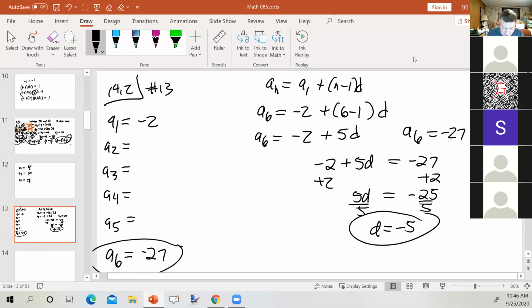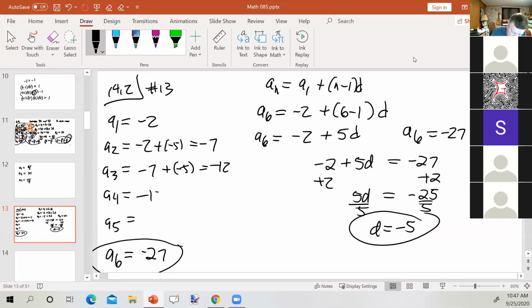So now I can go back and say, well, a sub 1 is negative 2. A sub 2 would be that plus the common difference, so that would be negative 7. A sub 3 would be a sub 2 plus the common difference, which is negative 12.